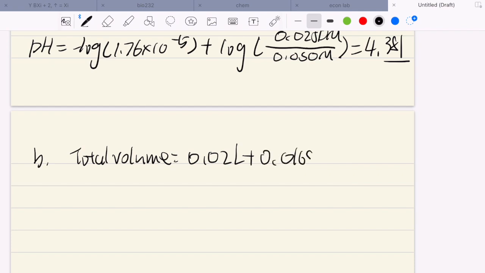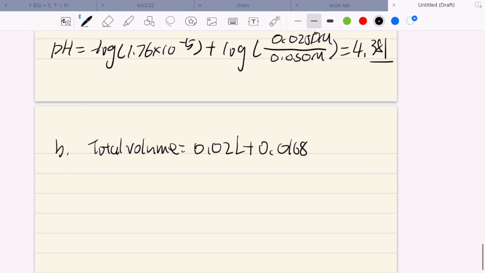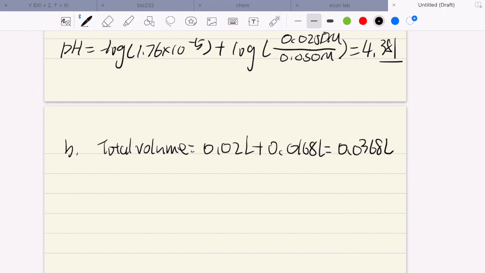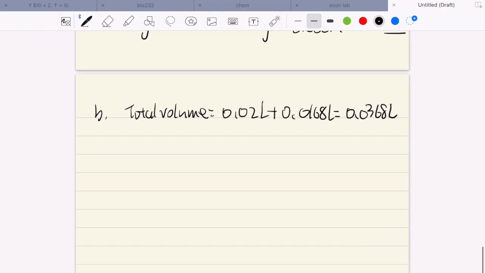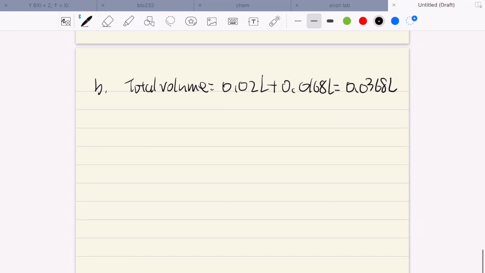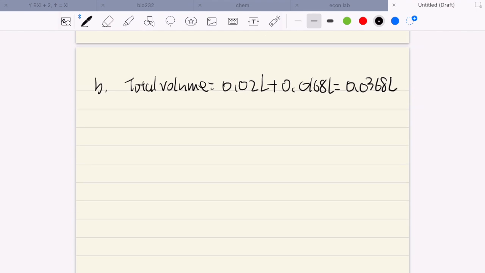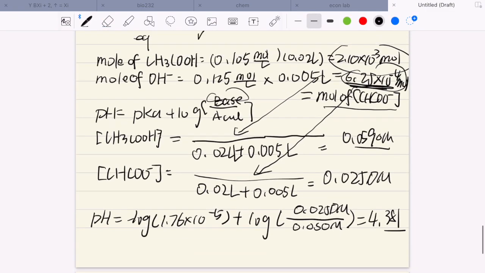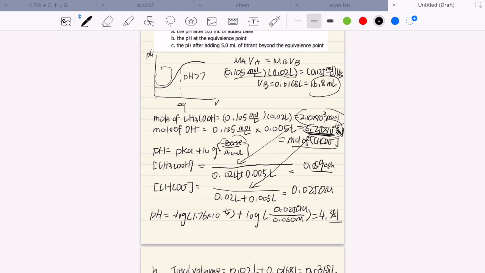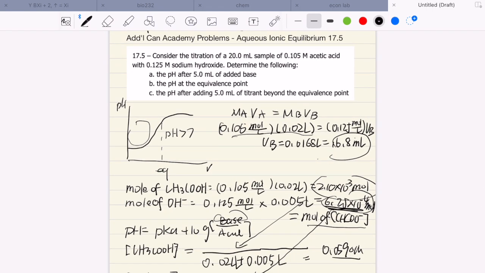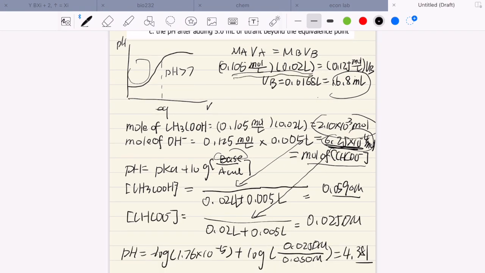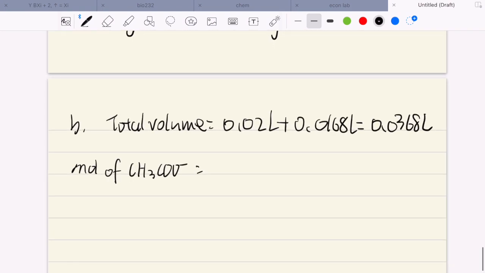So we know our equivalent amounts for the weak acid and the strong base. We can calculate the total volume at the equivalence point. And then we can get the moles of our conjugate base, because at the equivalence point, we know that all the weak acid and strong base are used up as they are titrated, eventually producing the conjugate base and water, with sodium as a spectator ion.